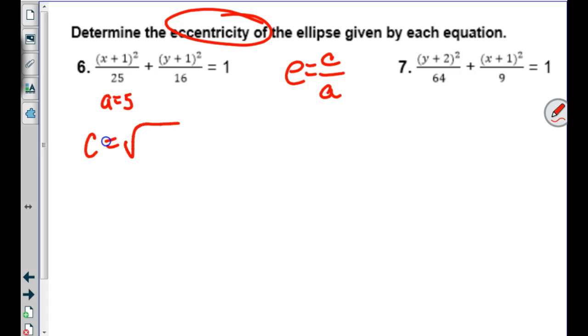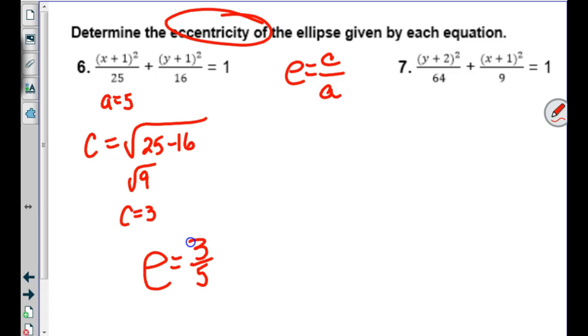So C is what? 25 minus 16, which is, so E is, okay, and it does say that you can report it as a decimal, so it would be 0.6 or 0.60 if you went two places. That one is much closer to round, right? And it's still longer in the X direction.